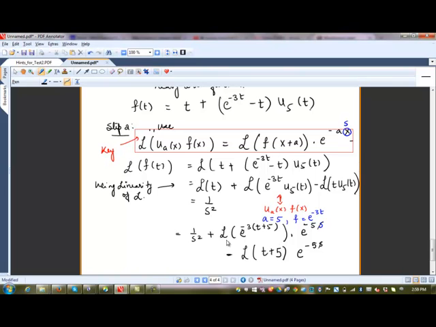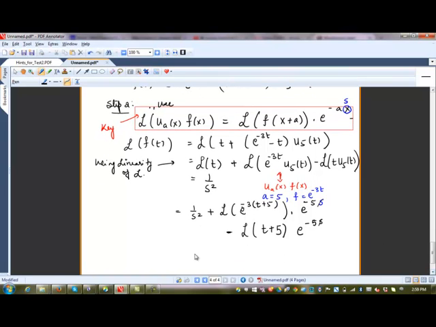Okay, now I will simplify this expression. 1 over s square plus, now you can see this is e to the power minus 3t, e to the power minus 15. So e to the power minus 15 is a scalar and the Laplace transform is linear.